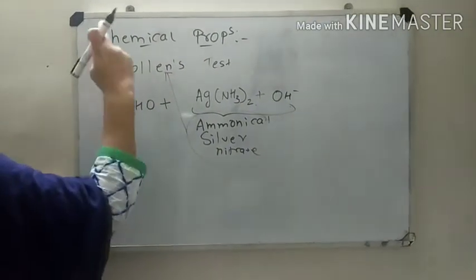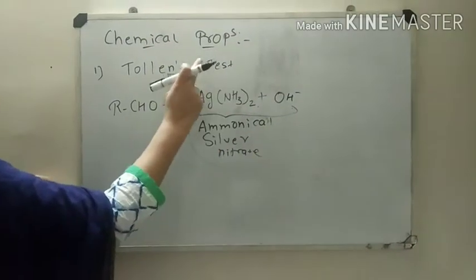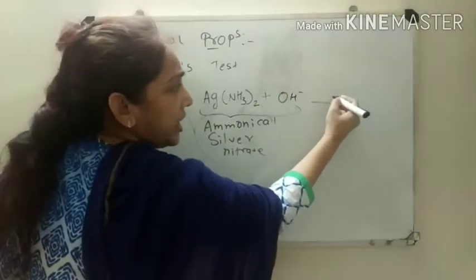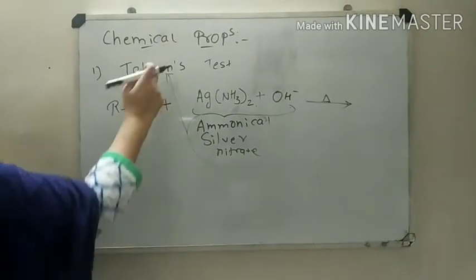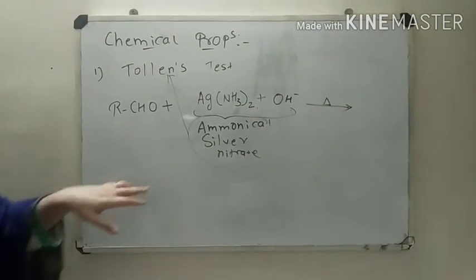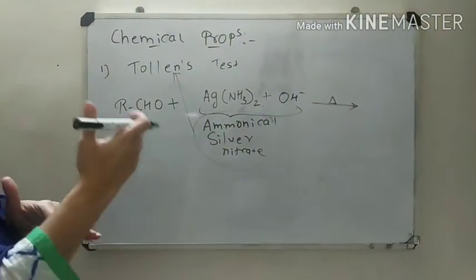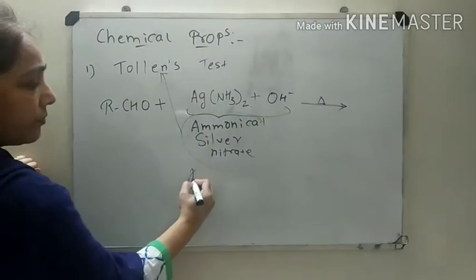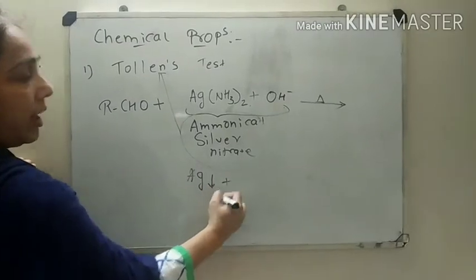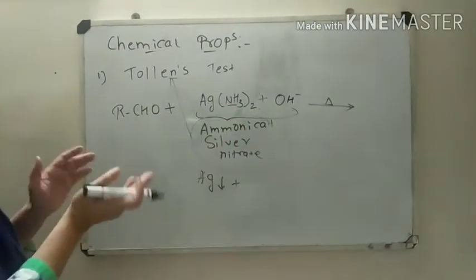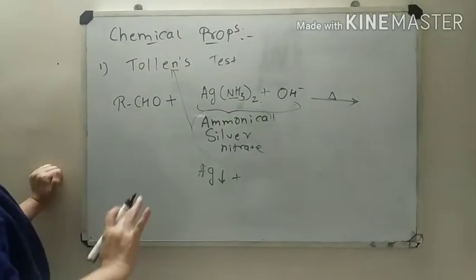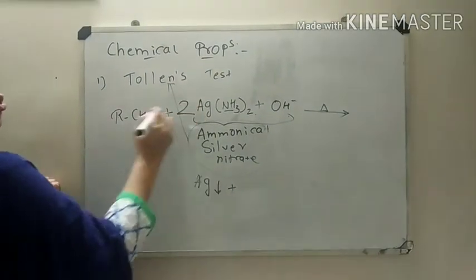When this aldehyde is added to this Tollens reagent, meaning heated or boiled with the Tollens reagent, at that time the silver is reduced from Ag plus to Ag, and ammonia gas is given out. We have to balance this reaction, make this 2.